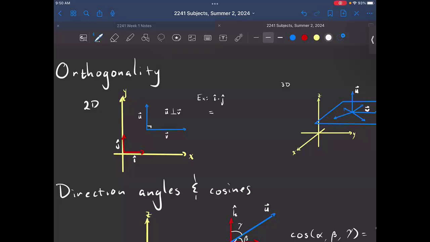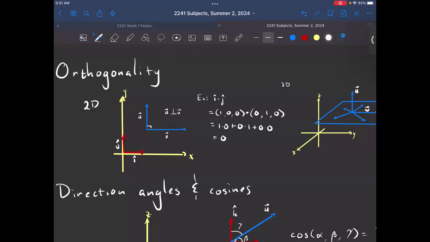Well, i looks like this, 1, 0, 0, and j looks like this, 0, 1, 0. I drew them in 2 dimensions here, but they also exist in 3 dimensions. And so if I do the dot product, I get 1 times 0 plus 0 times 1 plus 0 times 0, and that's 0. I could also do this with other vectors.